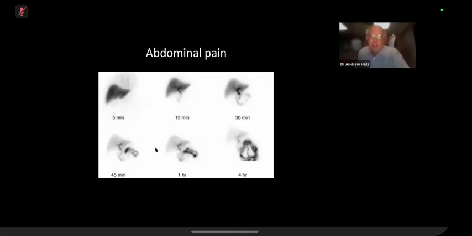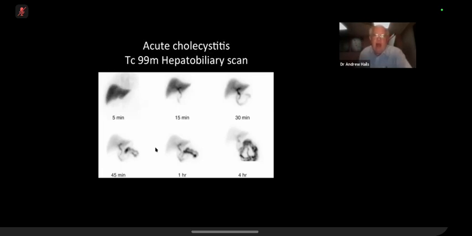No, the answer really is because there's a stone in the cystic duct, so the HIDA can't get through to the gallbladder. In some countries it's used quite commonly for the diagnosis of cholecystitis. Here we tend to use ultrasound or sometimes CT. But yeah, this is a feature of cholecystitis.